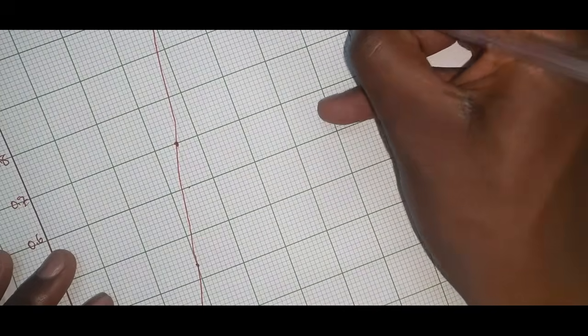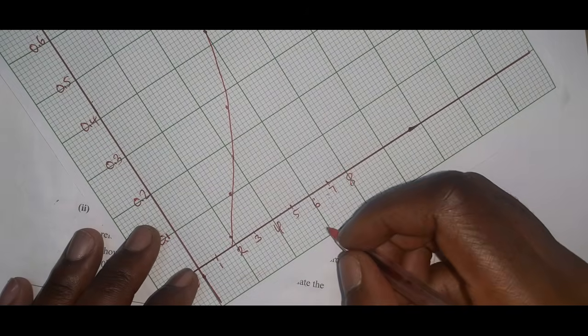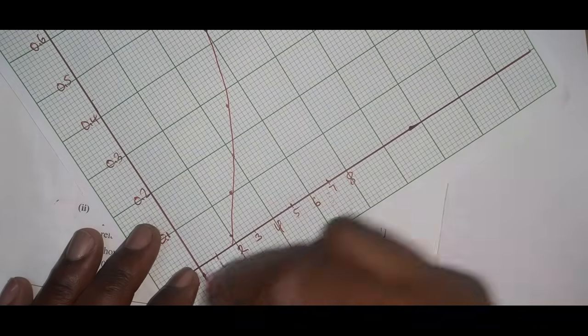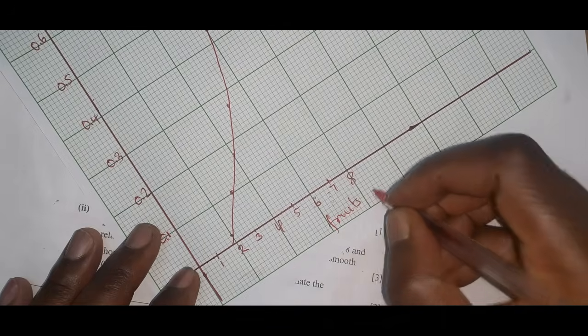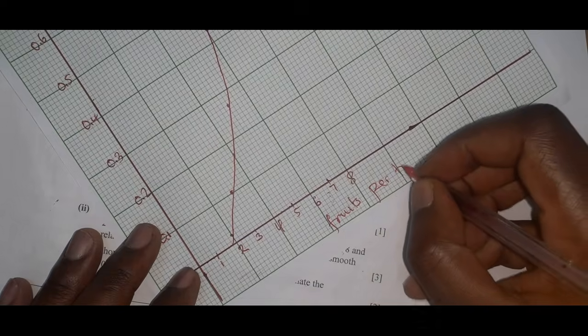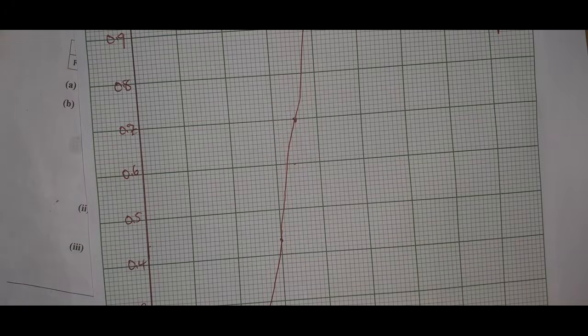Is equal to 7. Now you should take note that here we're talking about fruits per tree. So that 7 represents the number of fruits. Okay, so we go to the next question.